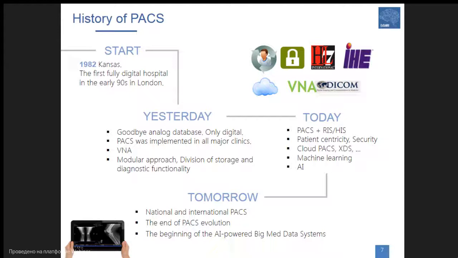Tomorrow we shall see more national and international PACS. Probably there will be an end of PACS evolution, and some people say that PACS may even disappear because of the development of big medical data systems, which also contain artificial intelligence methods to help analyze the images.